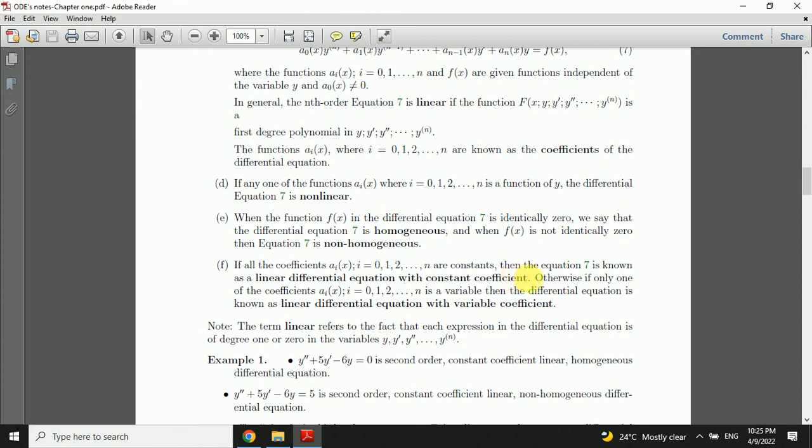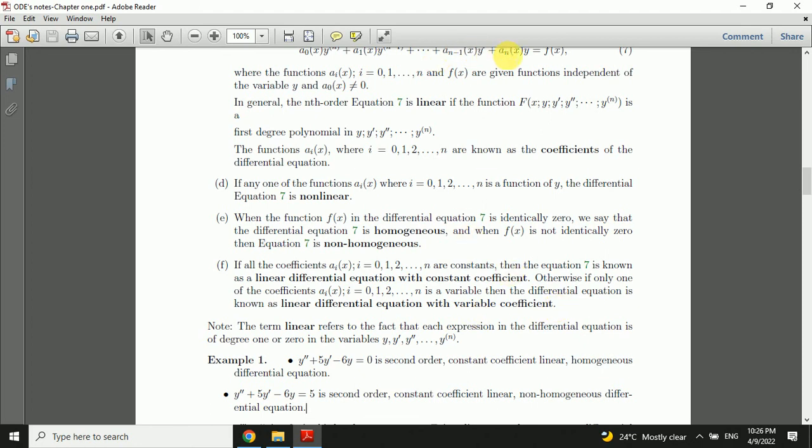That's what the next sentence is saying: otherwise, if only one of the coefficients is a variable, then the differential equation is known as a linear differential equation with variable coefficients. So the moment you have just one of these coefficients being a variable, it becomes a linear differential equation with variable coefficients.